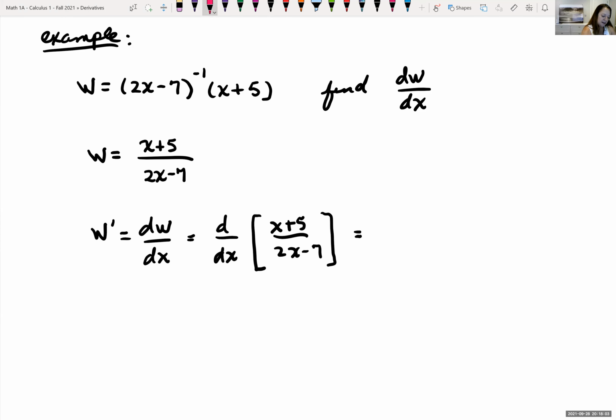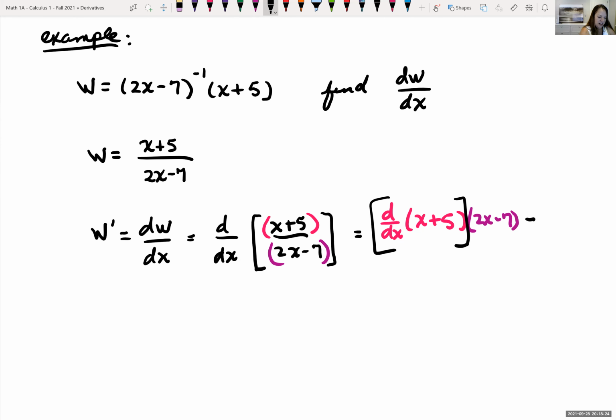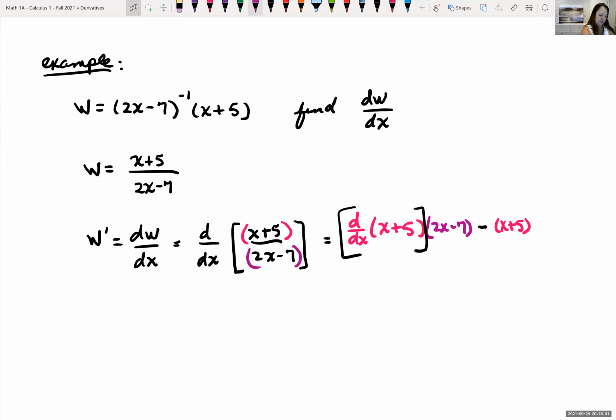So if I look at the derivative of my numerator, all times my denominator, minus my numerator, which is x plus 5, times the derivative of my denominator, which is 2x minus 7.